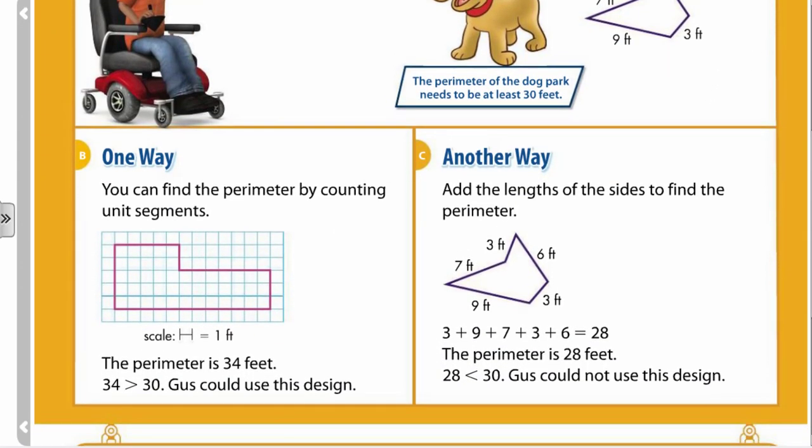And we have here the scale is 1 feet. So each line here is 1 feet. Okay, let's count. I can start from here. This is 1. You see from where I started? This is 1 feet. So now it's 2 feet, 3 feet. Oh, I need to count all of them.